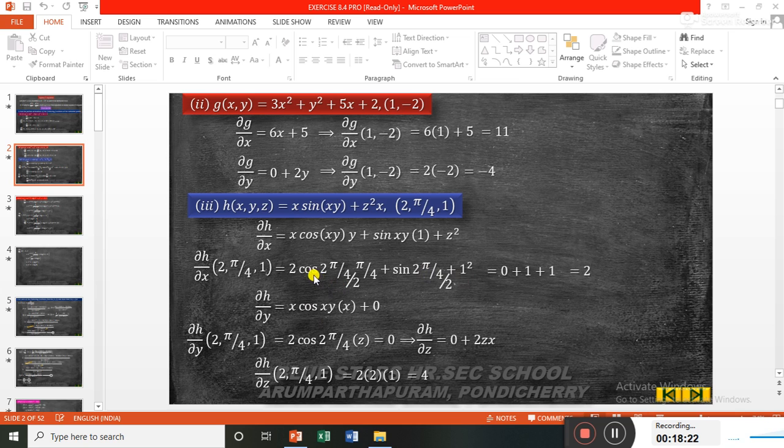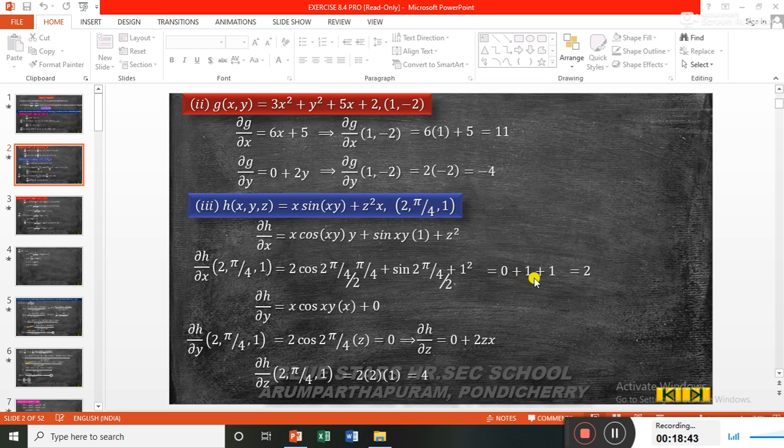So therefore 2 into cos of 2 into π/4 is cos π/2. That means cos of π/2 is 0. So I substitute 0 plus sine of π/2 is 1. I substitute plus 1.